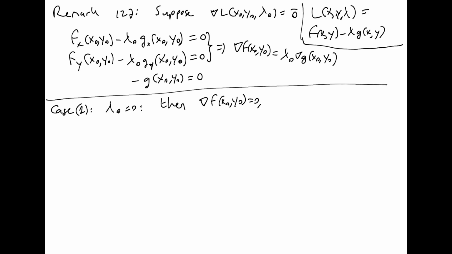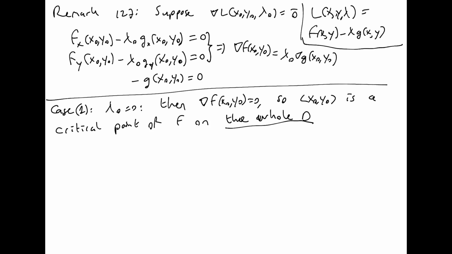Well, that means that (x0, y0) is a critical point of f on the whole domain D. Remember, we're looking for critical points on a certain curve, and this condition is saying that we have a critical point on the whole domain D. So if you think about our analogy with the mountain, it means that we find a critical point not just of the path, but of the entire mountain. So either a local maximum on the entire mountain or a local minimum. Let's continue with this idea of finding the maximum. So this is the first case.